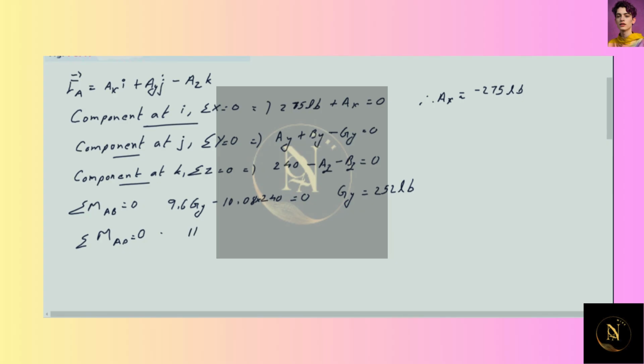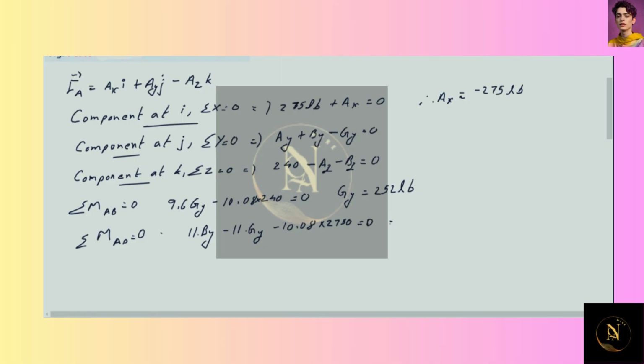Now the summation of moments about AD equal to 0. So 11 feet times By minus 11 feet times Gy minus 10.08 feet times 275 lb equal to 0.